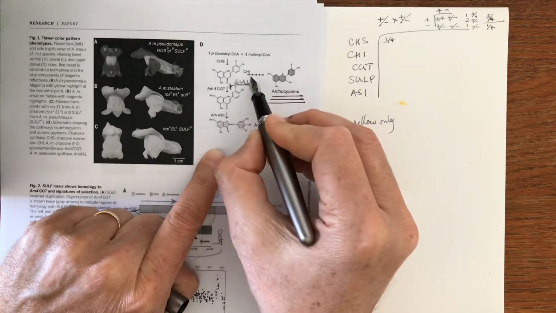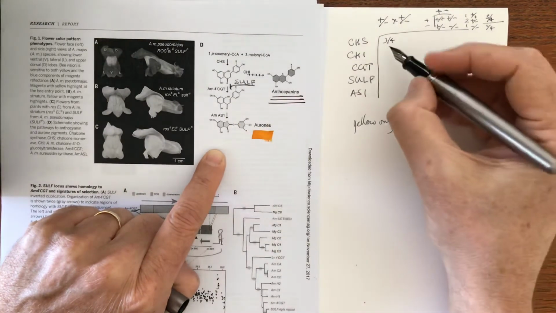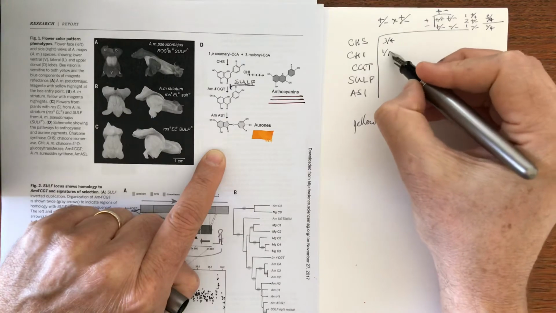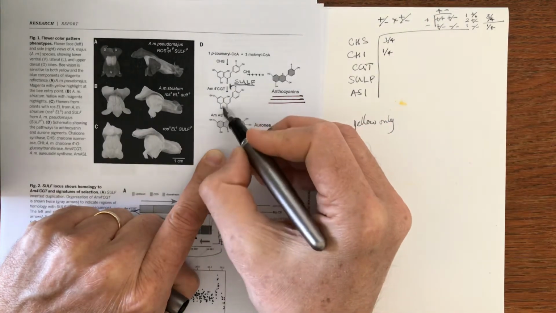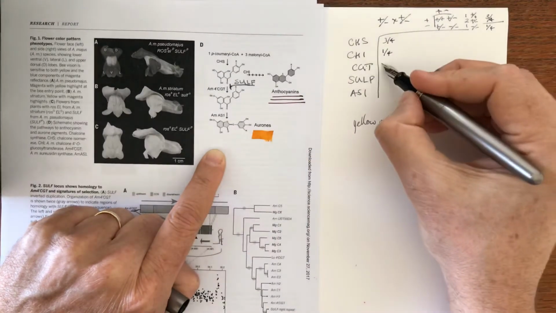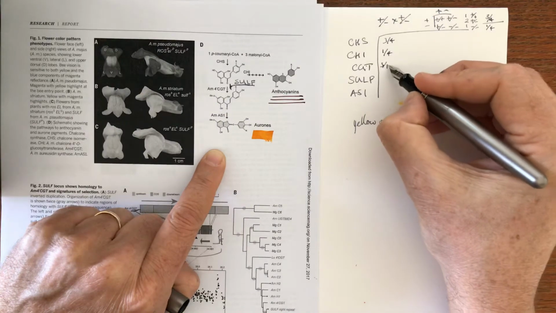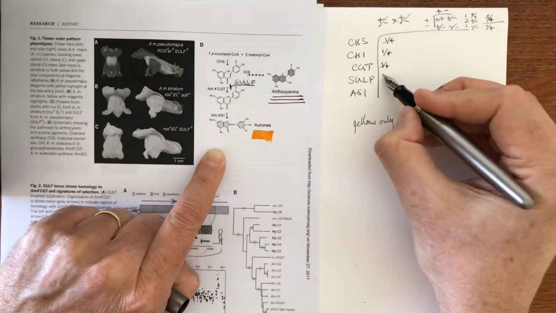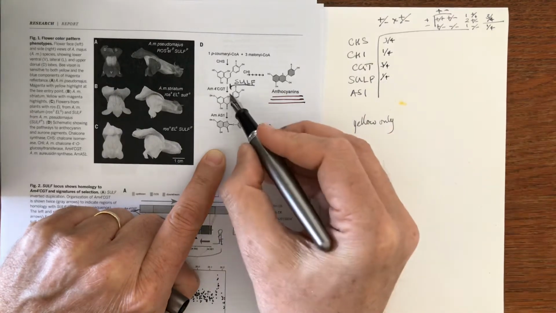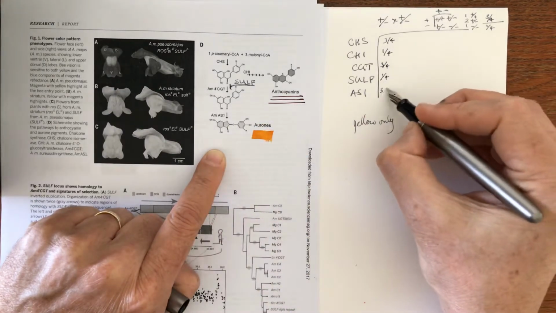And then we have to not proceed past, not have any CHI gene. CGT has to be functional in order to get yellow, so that's going to be 3/4. But sulf doesn't work, it can't work, so it has to be 1/4. And ASI has to work, so that's 3/4.